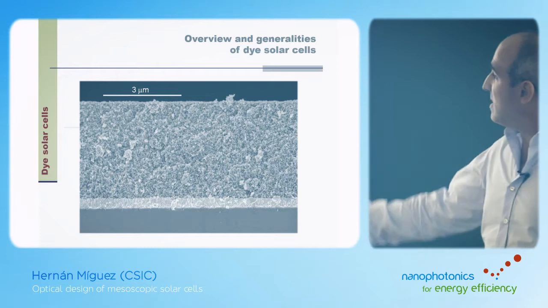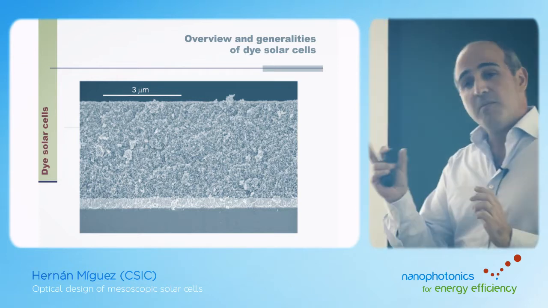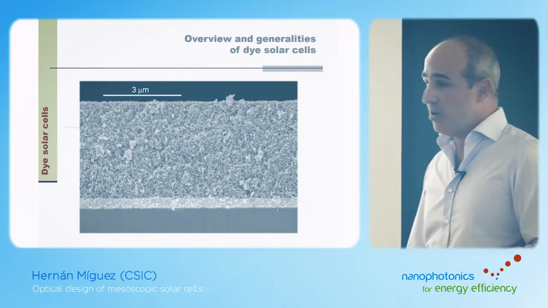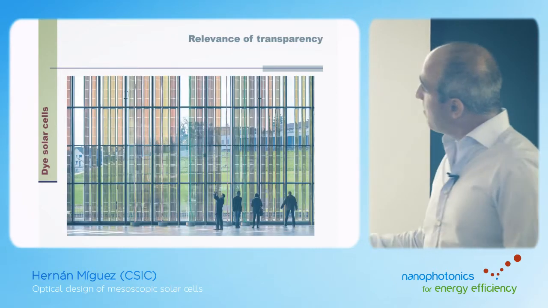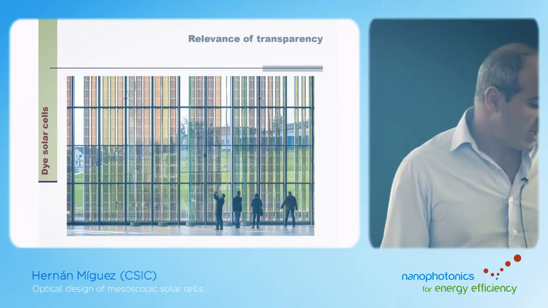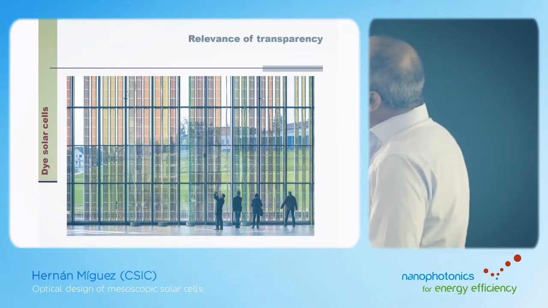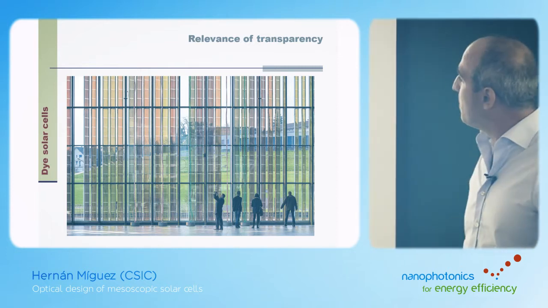And once you sensitize with the dye, you get a certain region of the spectrum that is absorbed, but in the red, light is transmitted, so you get this reddish color. That depends on the dye. You can use many dyes, and actually, this is a picture taken a few months ago by my students in the HOPV conference, which is focused on dye and perovskite solar cells, that took place in Lausanne.